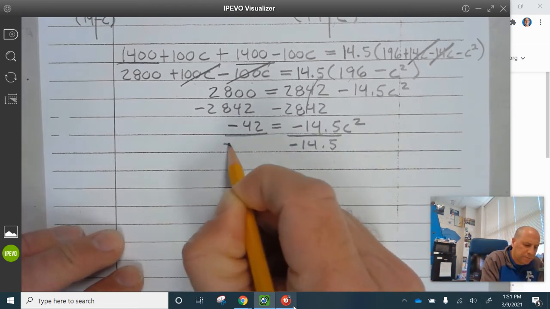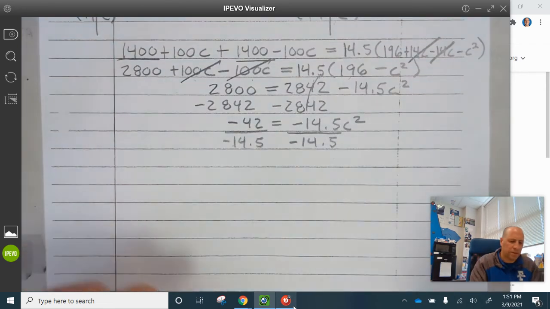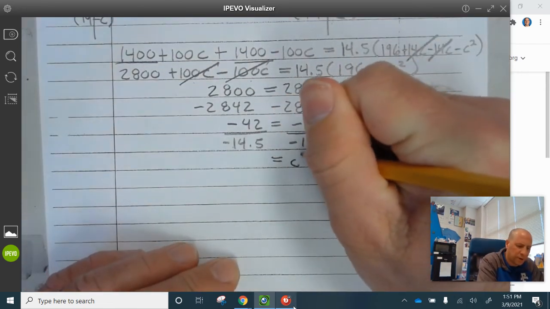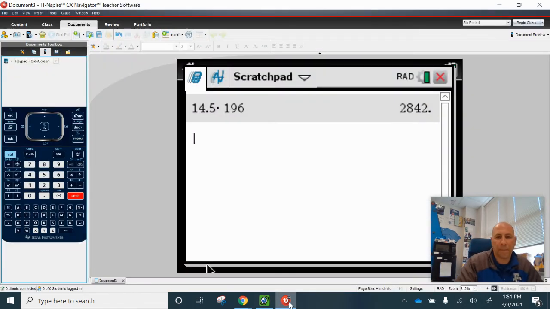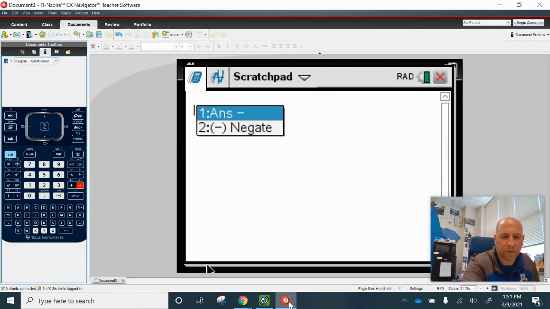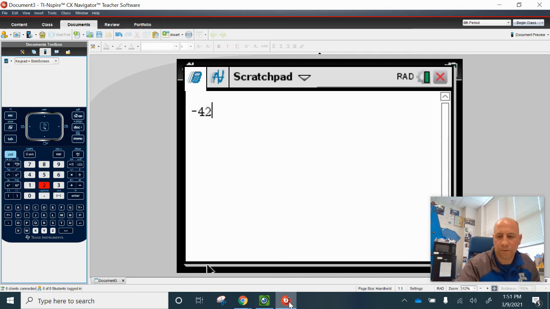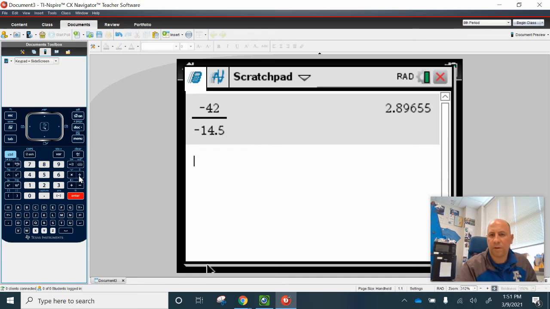This becomes 1, so you're left with c squared equals negative 42 divided by negative 14.5, which is 2.89, and let's round that to 1 decimal place, 2.9.